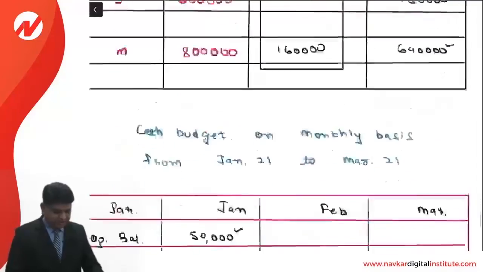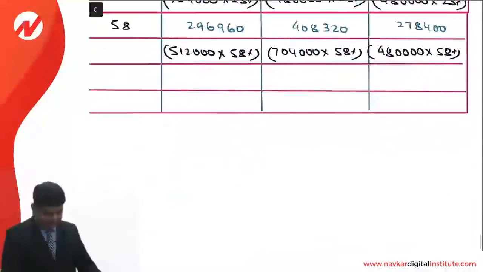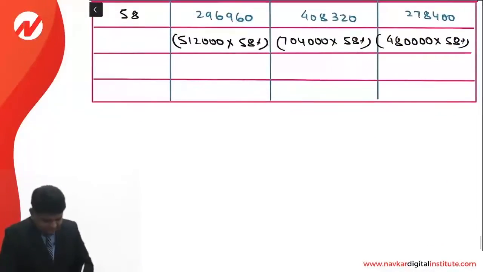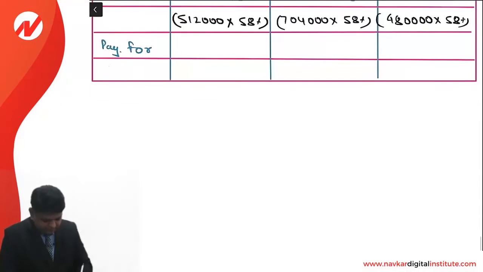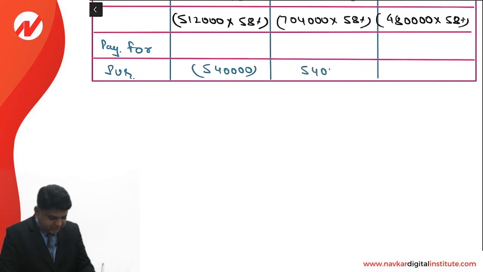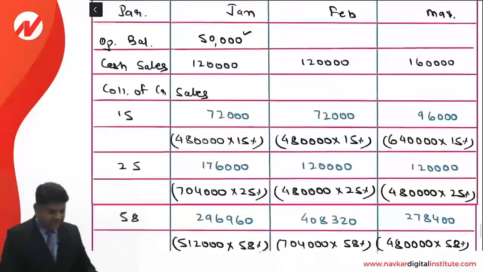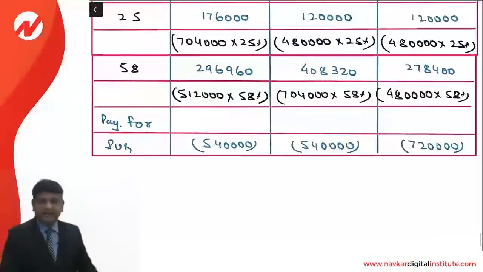So payment for purchases: 5,40,000 in January, 5,40,000 in February, and 7,20,000 in the month of March. This is the way we'll compute the closing balance at the end of every month.